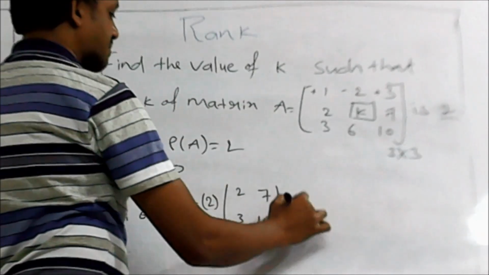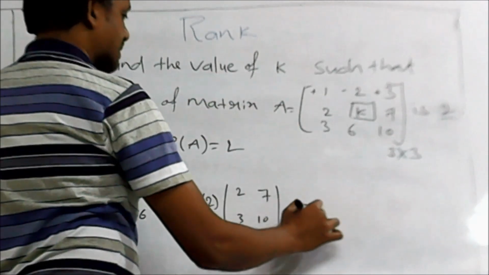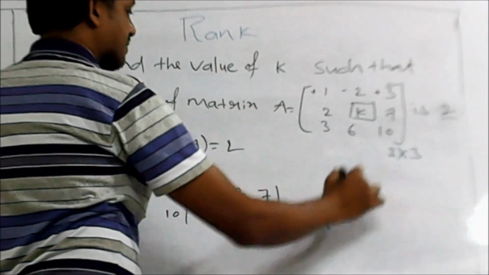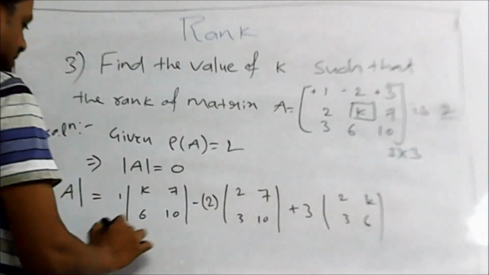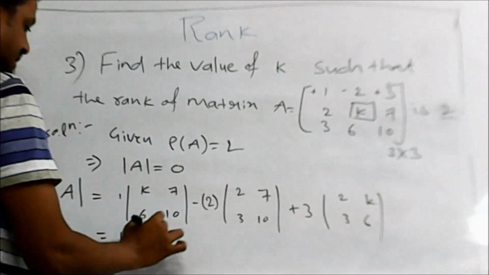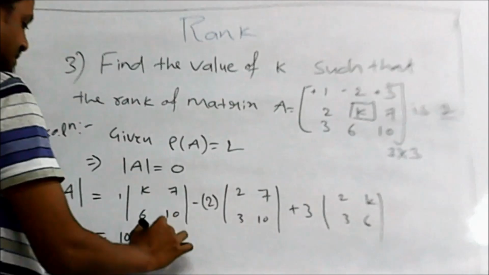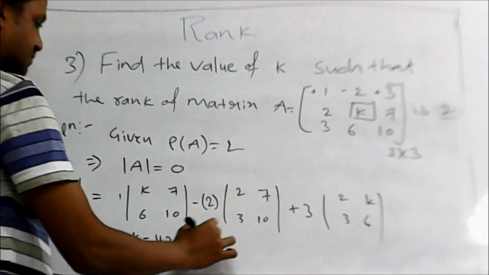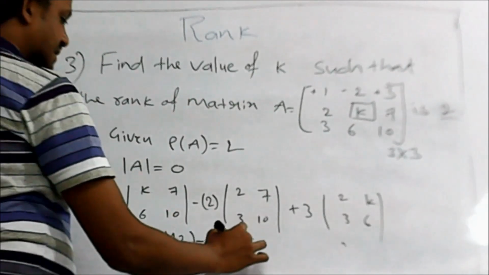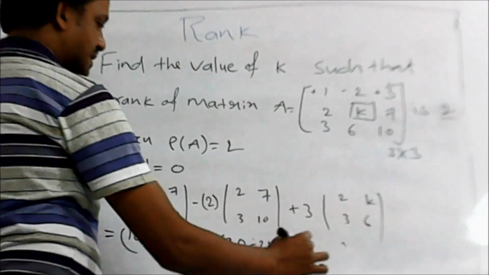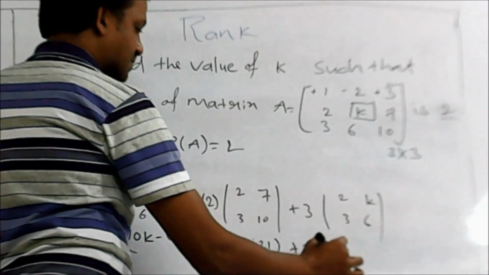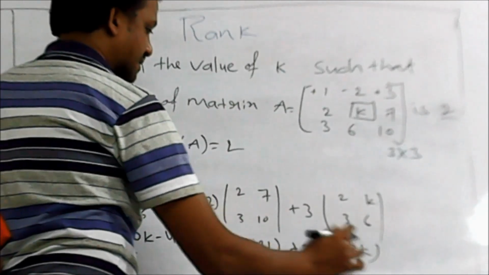Another one is plus 3 times the minor of 3: 2K, 3, 6. So here 10K minus 42, minus 2 times 20 minus 21, and here 3 times 12 minus 3K.